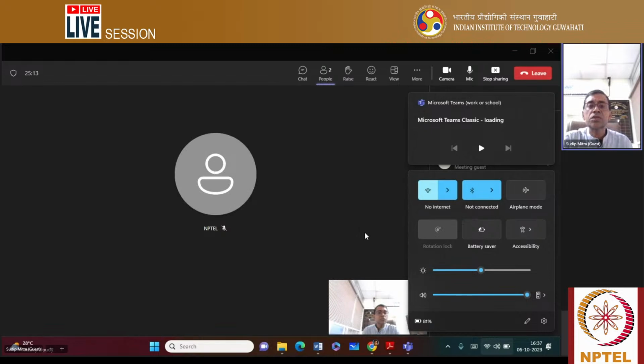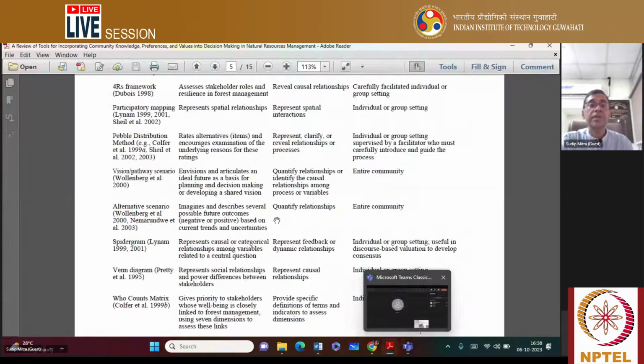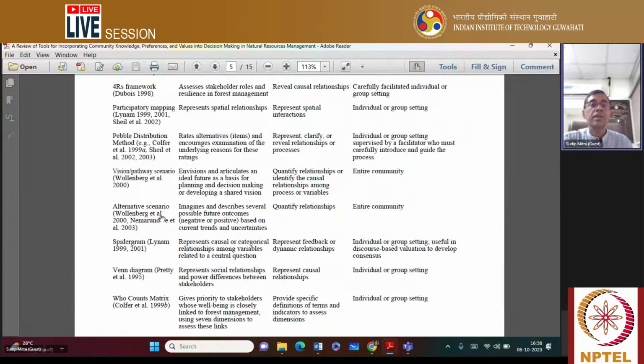What it does is that it articulates an ideal future, okay, as a basis for planning or decision making. And in this case, it considers not only the individual, but the entire community. Okay. Then comes another tool, which is known as the alternative scenario tool.